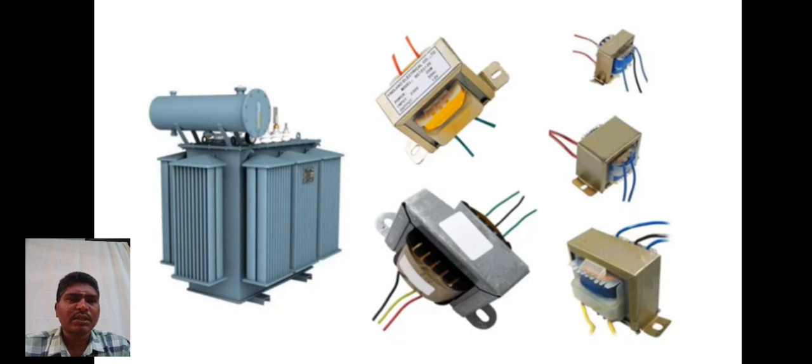These are some of the real-time examples that we are using nowadays in our daily lives. The right side is a single phase transformer, and the left side is a three phase transformer.